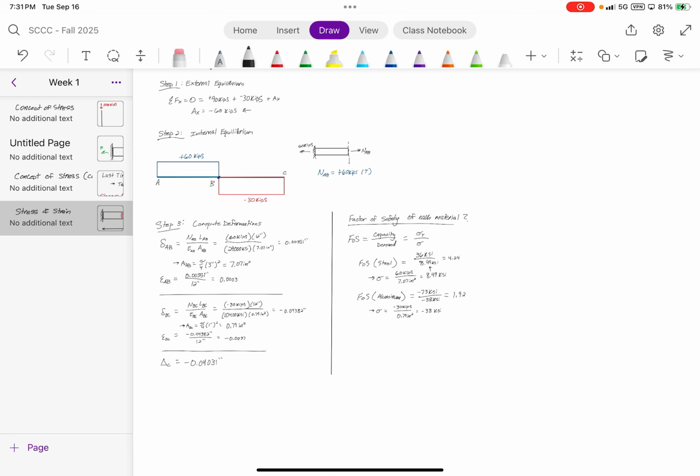Because I know you guys love trusses so much. For you, for you, for you. For you.